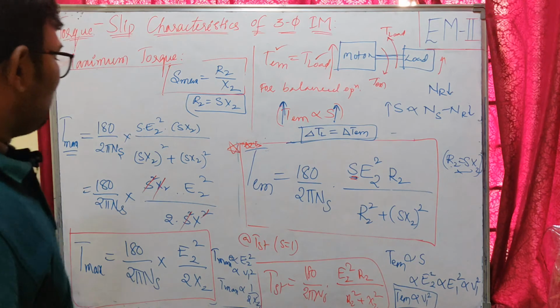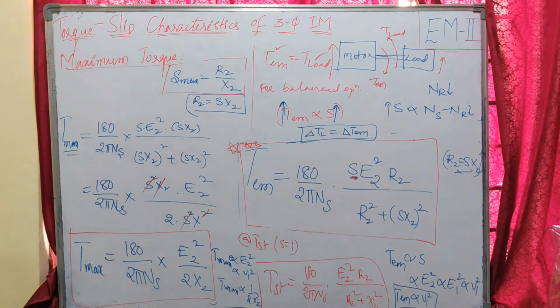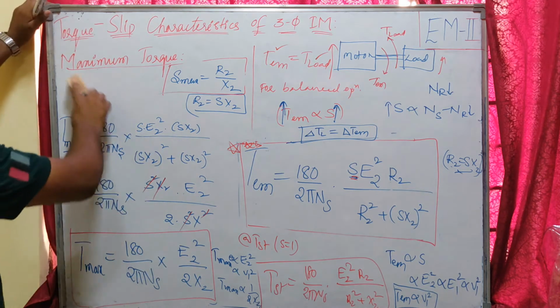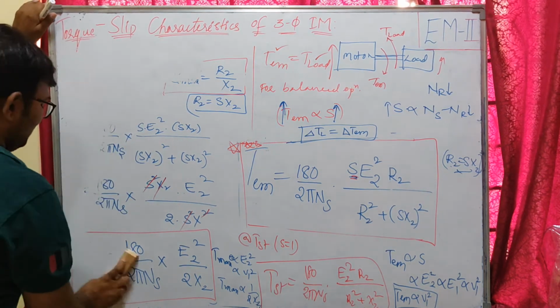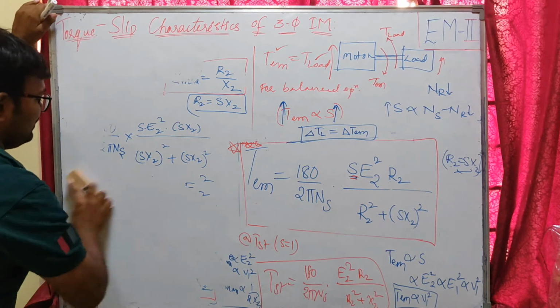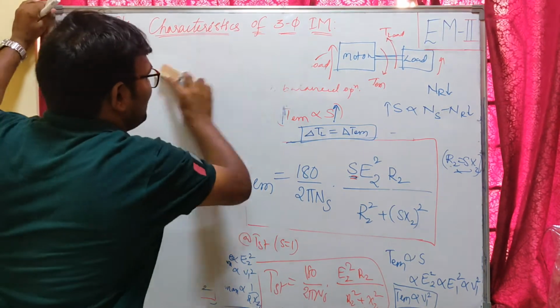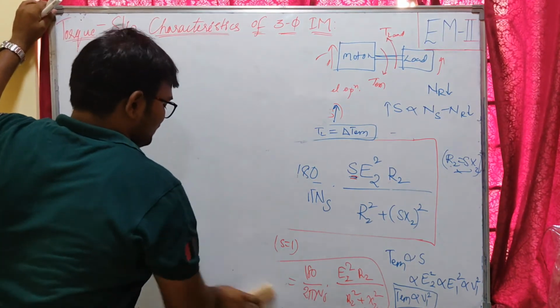So we are going to draw the torque slip characteristics of our 3-phase induction motor. Till now we have obtained the torque equations for our 3-phase induction motor. Now let us obtain the torque slip characteristics.